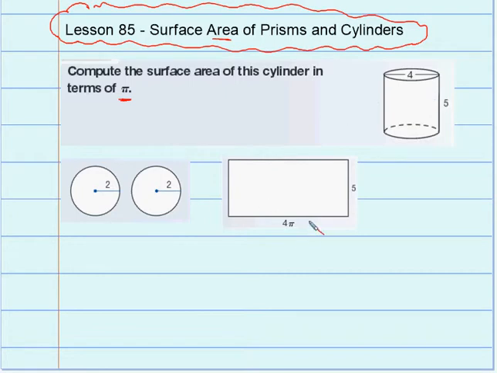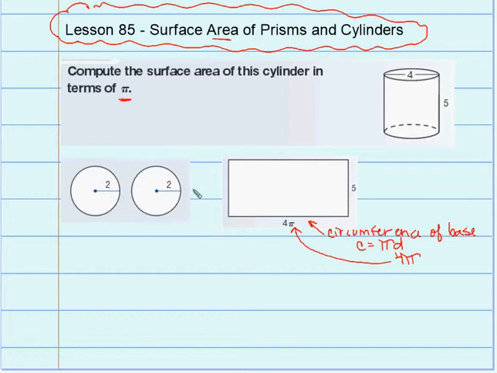So the long side is actually the circumference of the base. Okay, and you know circumference is C equals pi times diameter. So they took the diameter of 4 times the pi, and that's how they got that. This would be the height of the can, and these are the two congruent bases.